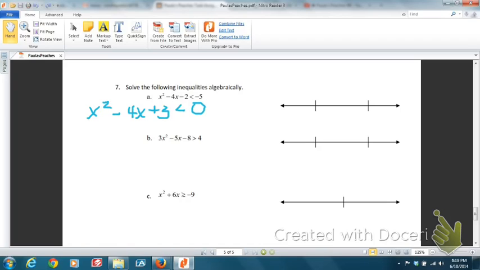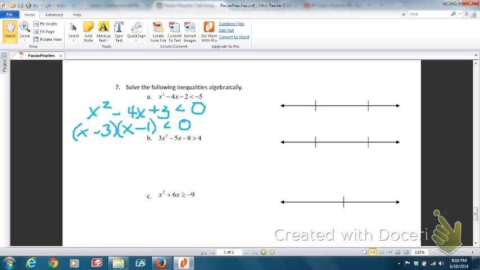Alright, to solve this inequality, again, you have to factor, which is something that you learned during this section. So this factors into x minus 3 times x minus 1 has to be less than 0.